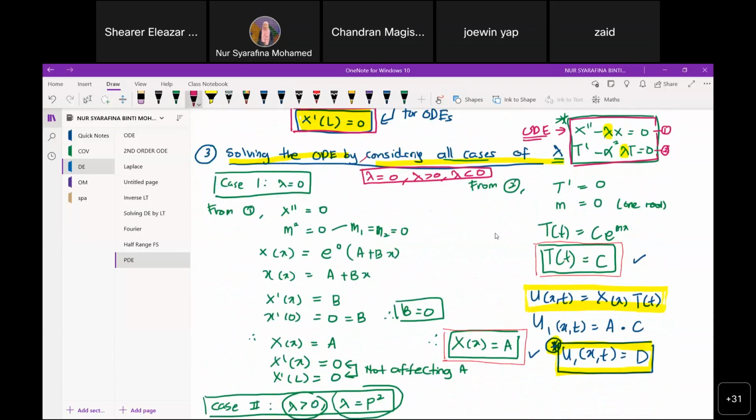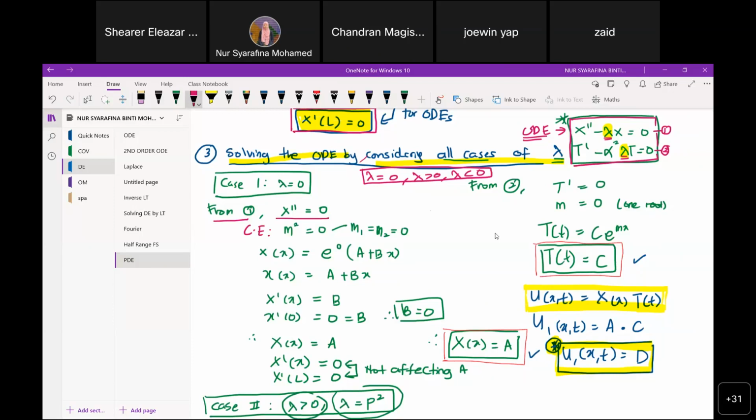When lambda equals 0, we start with X first, with the first equation. When lambda equals 0, we are going to have X'' equals 0. By characteristic equation, remember in our second order chapter, just change to the characteristic equation and understand the roots that you obtain.